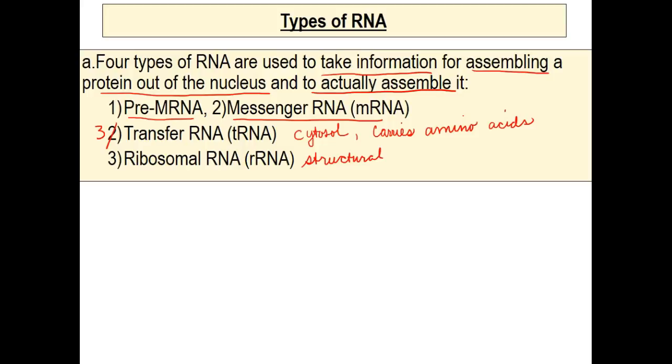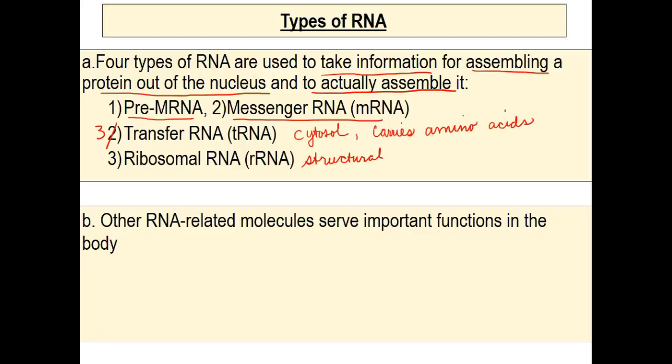Some other types of RNA molecules also serve important functions in the body, either in energy or as second messengers in regulation or as coenzymes. Okay, ATP and GTP are energy carriers.